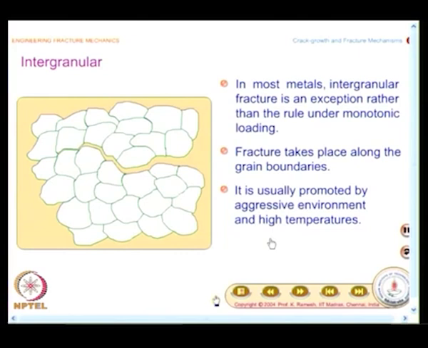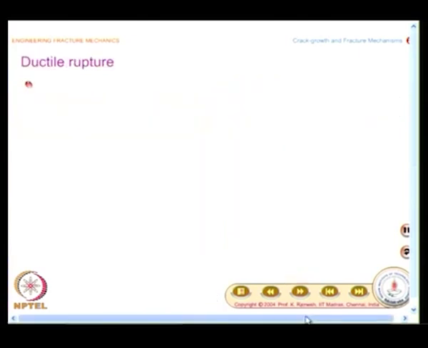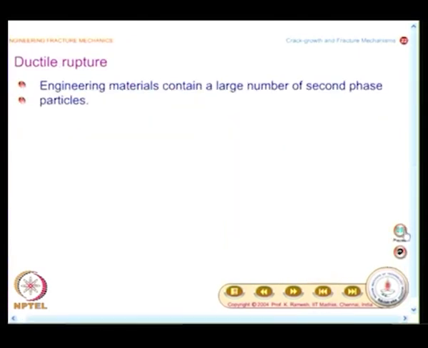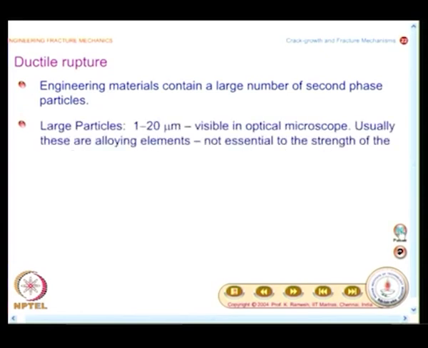Then we move on to what is ductile rupture. You will have to understand what engineering materials contain. They contain a large number of second phase particles. This is all understanding from metallurgy.